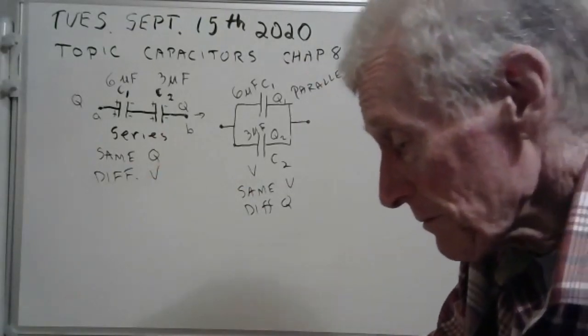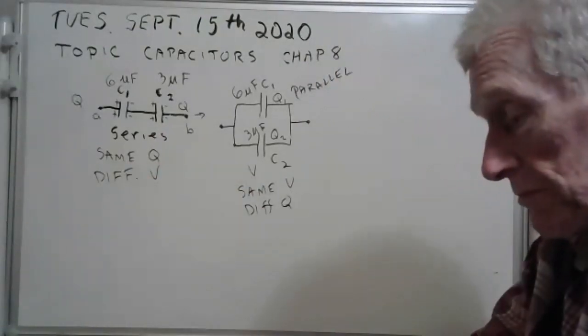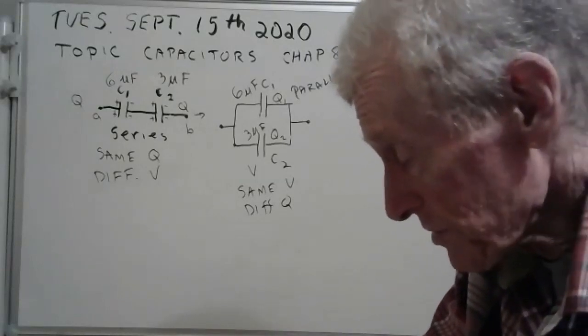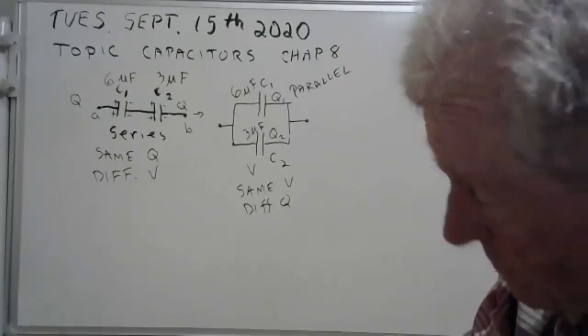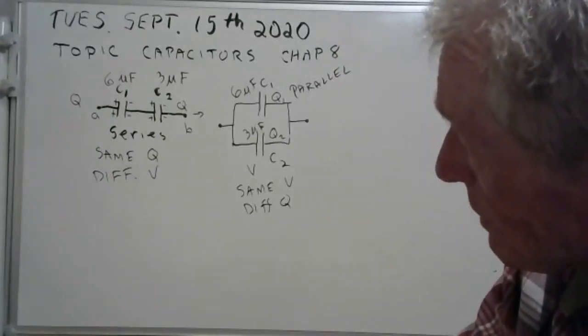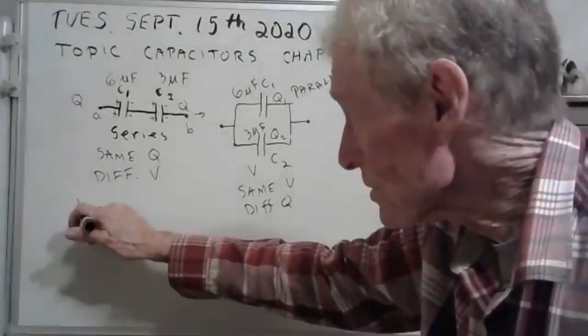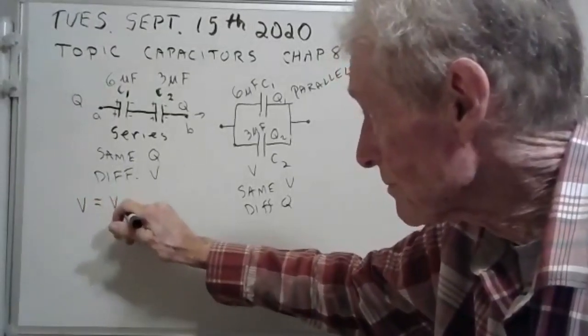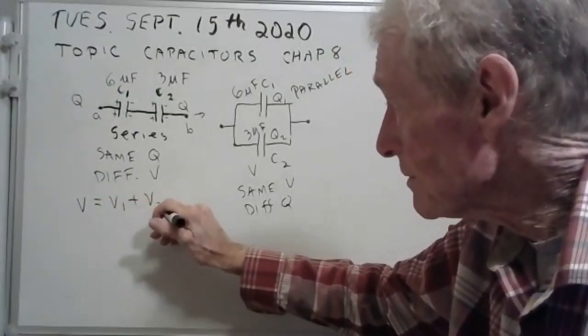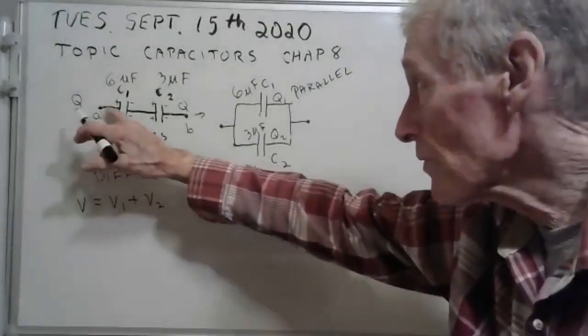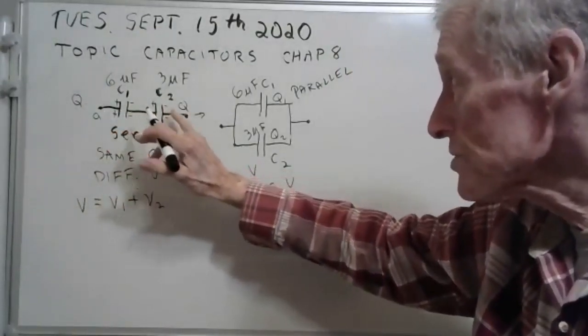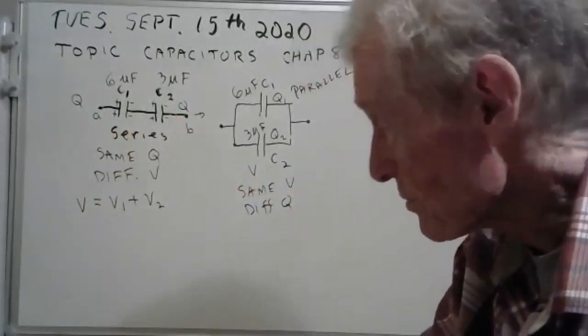If that series capacitors are going to have an equivalent circuit, then whatever the voltage is on the equivalent circuit will have to add up like that, because you know, you have a voltage here, voltage there. We need to put some numbers in.